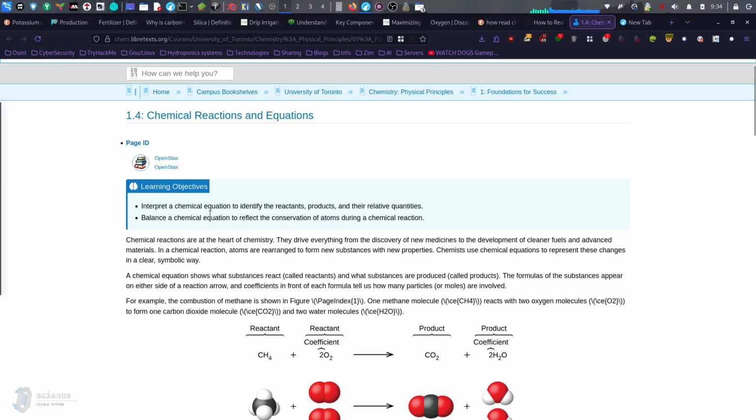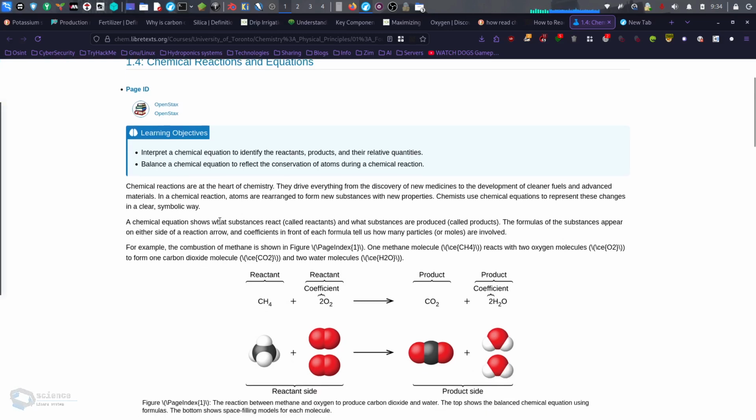Chemical reactions are at the heart of chemistry. They drive everything from the discovery of new medicines to the development of cleaner fuels and advanced materials. In a chemical reaction, atoms are rearranged to form new substances with new properties.